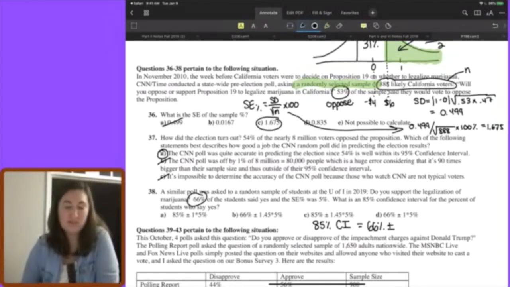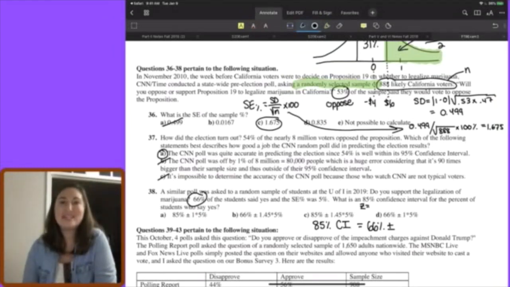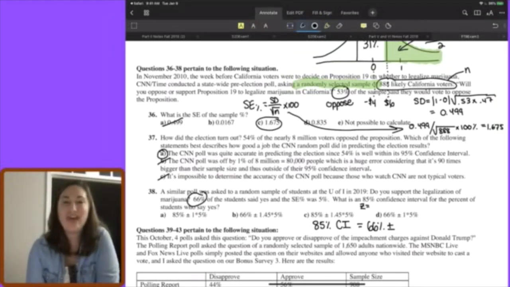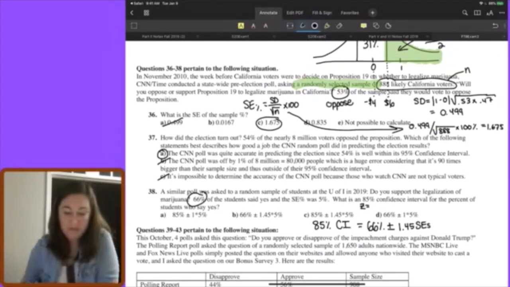So we're going to add and subtract something from it. For an 85% confidence interval, the z-score for 85% tells me how many standard errors to add and subtract. If I look up 85% on my normal table, the z-score is 1.45. So we're going to add and subtract 1.45 standard errors.